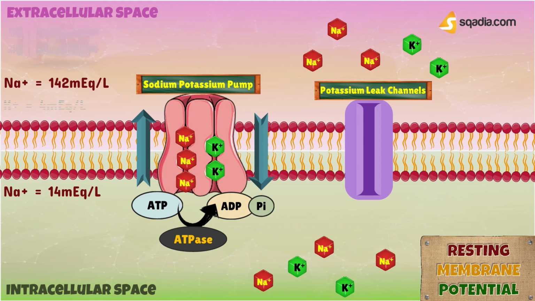While potassium ions outside the cell are 4 milliequivalents per liter. And potassium ions inside the cell are 140 milliequivalents per liter. Alex, you might want to note these down for your exams. Way ahead of you, ma'am.